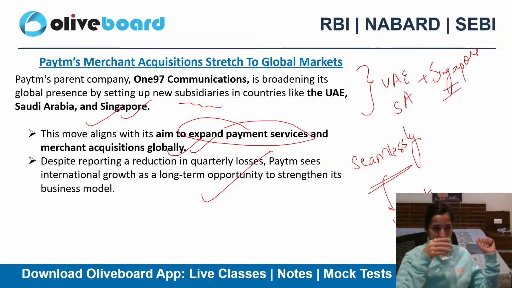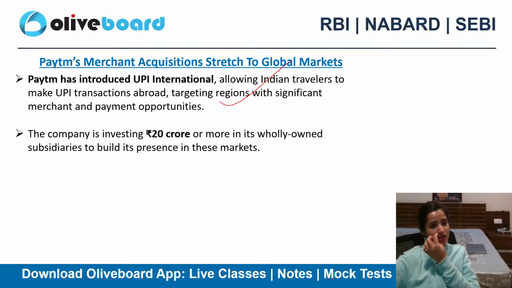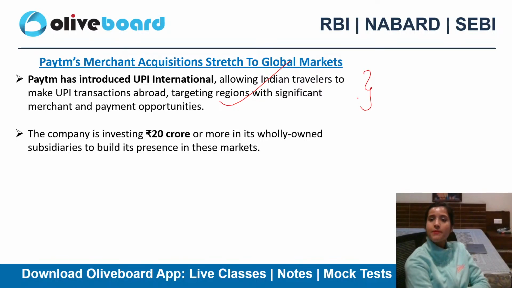So this is what the news is about, right? Paytm has introduced UPI International, allowing Indian travelers to make UPI transactions abroad, targeting regions with significant merchant and payment opportunities. So UPI International for Indian travelers who can make the payment in INR through UPI International. The company is investing how much? Rupees 20 crore.